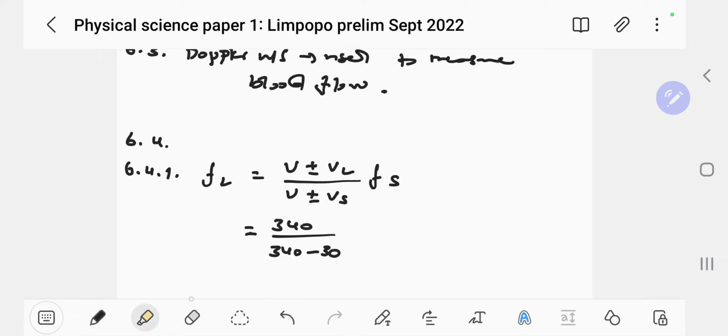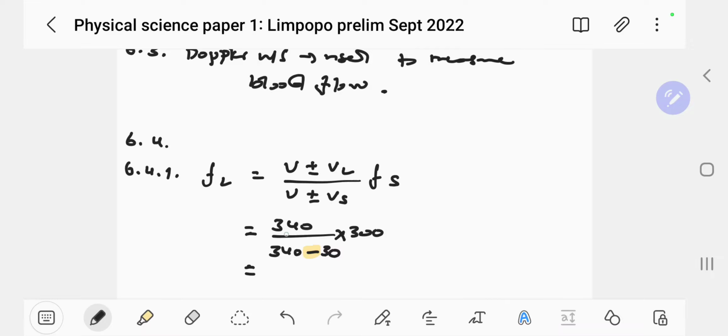Please, guys, this is the tricky part. Always think about this part. It's quite important. And the source was emitting 300 hertz. So we can do that calculation quickly: 340 times 300 divided by 340 minus 30.